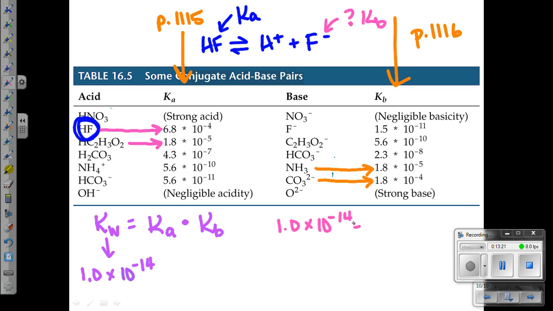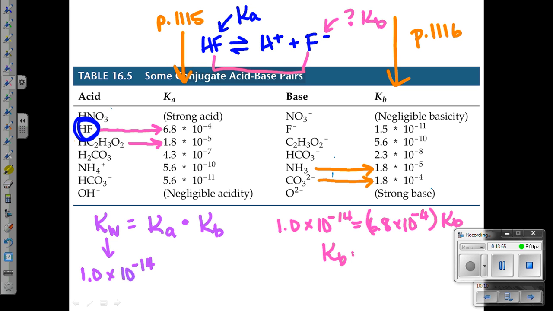That would be equal to, because this is a conjugate acid-base pair, the Ka for HF, which is here, 6.8 times 10 to the negative 4th, times Kb. Basically I am dividing 1 times 10 to the negative 14th by 6.8 times 10 to the negative 4th.